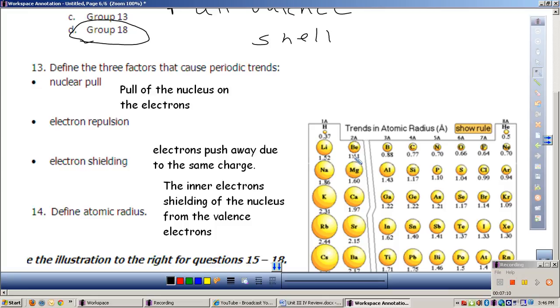They do different things. If we look at atomic radius, which is basically how big the size of an atom is, as you go down, the nuclear pull is increasing, so that causes the protons to pull more on the outer electrons. As you go down, you're adding more shielding electrons, so your nuclear pull actually decreases as you go down the periodic table.